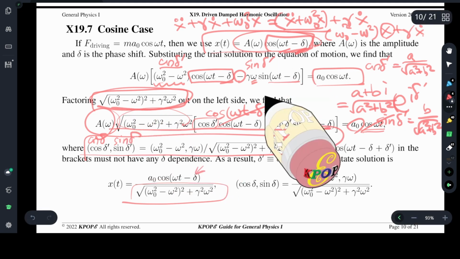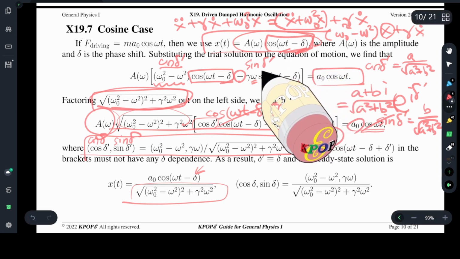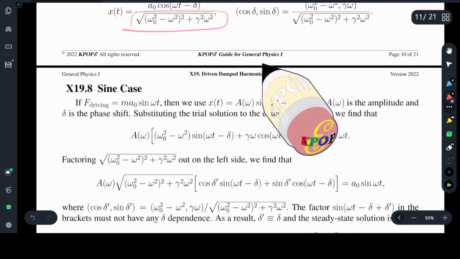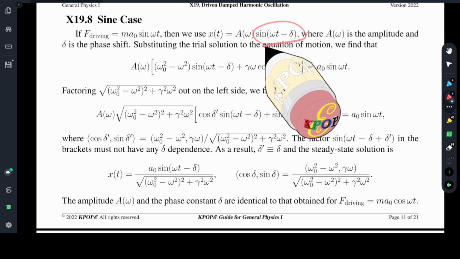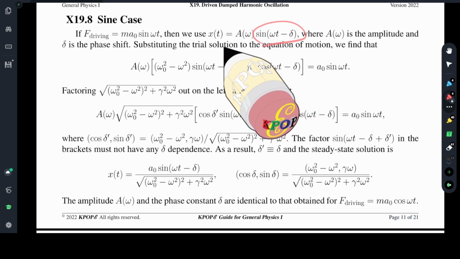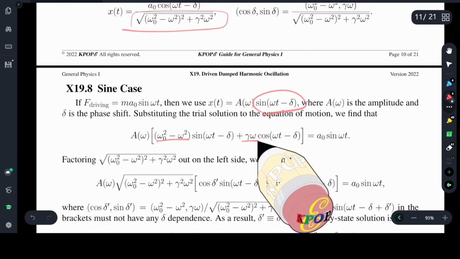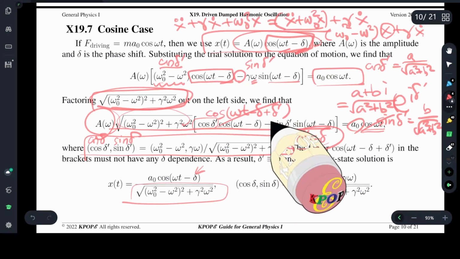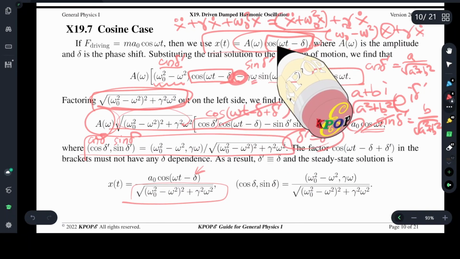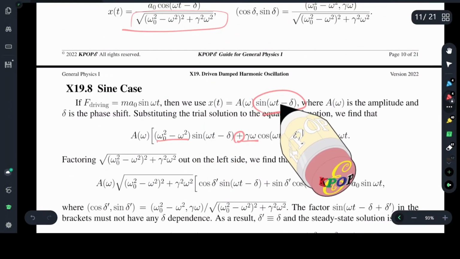All right, this is the case where the driving force is a cosine function, and this is for the sine function. The difference is, there's no difference at all. We substitute this to find these expressions in a similar manner. The reason why I have a positive sign here while this is a negative sign is because cosine's derivative brings a negative sign, while sine's derivative does not bring in any negative sign.